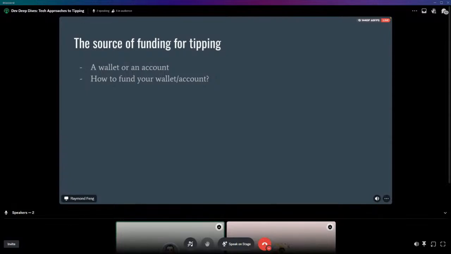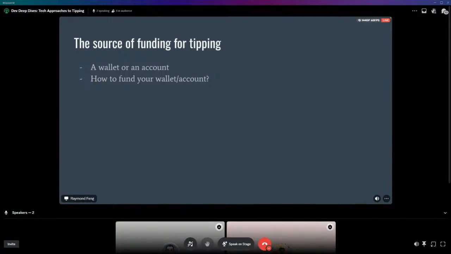Because for the wallet, you are the only one that has the signing capability to authorize the transaction. And with the emergence of smart contracts, of course, smart contracts could be treated as a contract-based wallet. All right. So the wallet represents the ownership you have on certain funding.